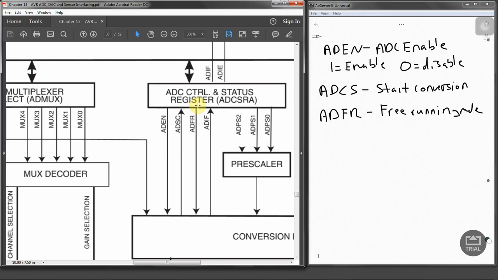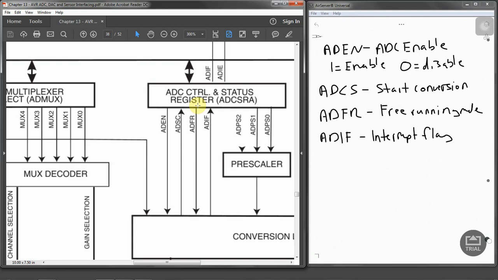And as we already said, the ADC has an interrupt, so we have the ADC interrupt flag. If the interrupt is enabled, whenever the conversion is done, the interrupt flag will be set.